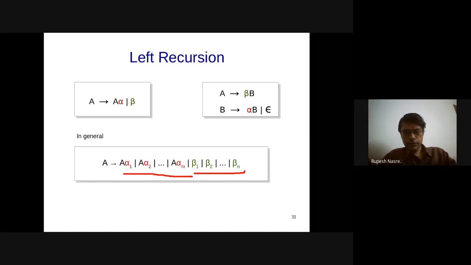B derives alpha 1, B alpha 2, B or epsilon. Okay.